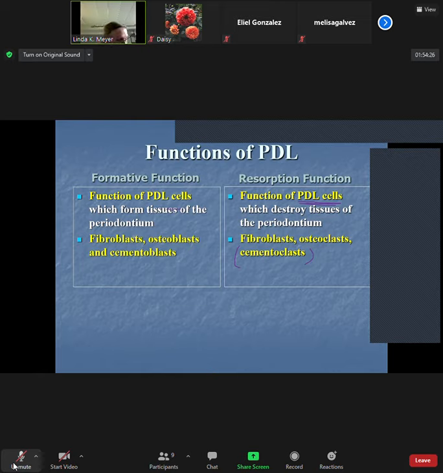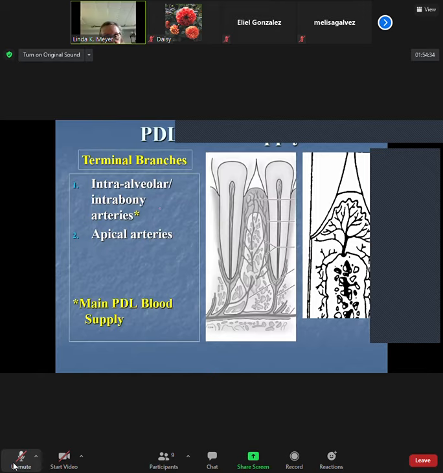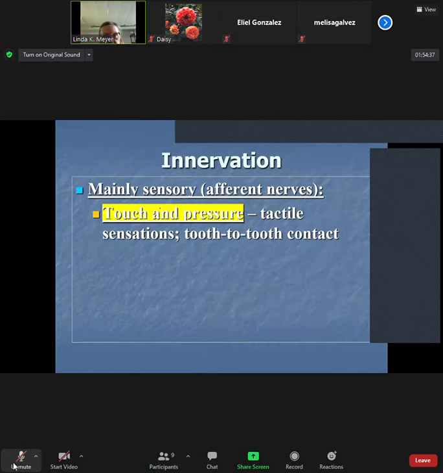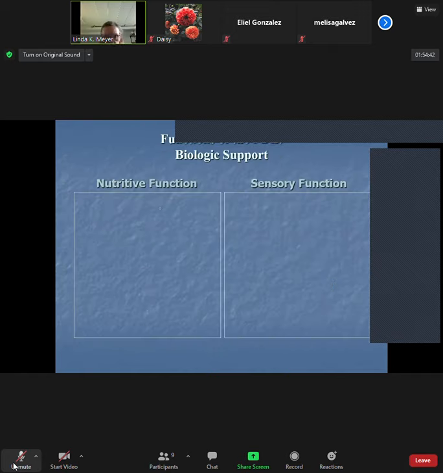Now I know I haven't talked about the blood supply of the PDL, but I'm going to do this on the specific recording. I just want you to understand that the PDL provides biologic support because of those interstitial areas. Remember, there's blood vessels in the interstitial areas that are going to provide nutrition to the surrounding tissues.